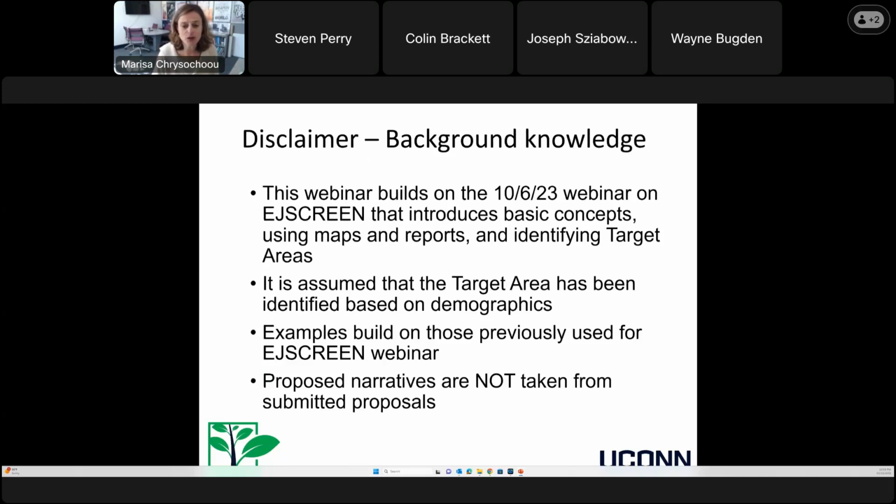That webinar introduces basic concepts, how you use maps and reports on EJ Screen, and how you identify target areas. So I will be assuming that to work on this section, you have already identified the target areas using the demographics. And the examples that I will present build on those previously used for the EJ Screen webinar.